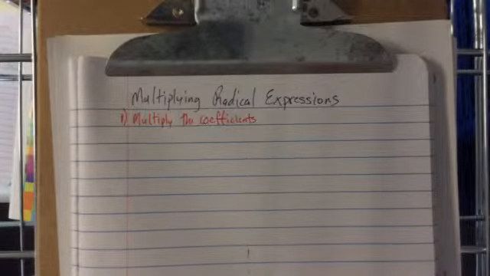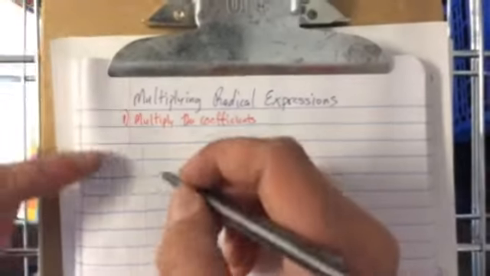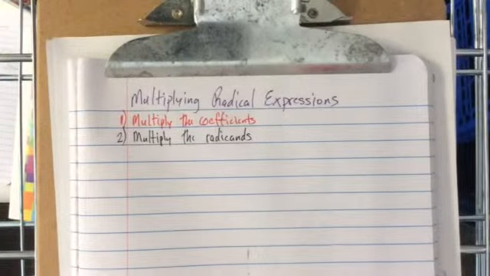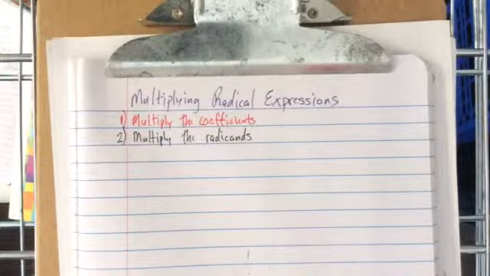Our second step will be to multiply the radicands. So, step 1, multiply the coefficients. Step 2, multiply the radicands.